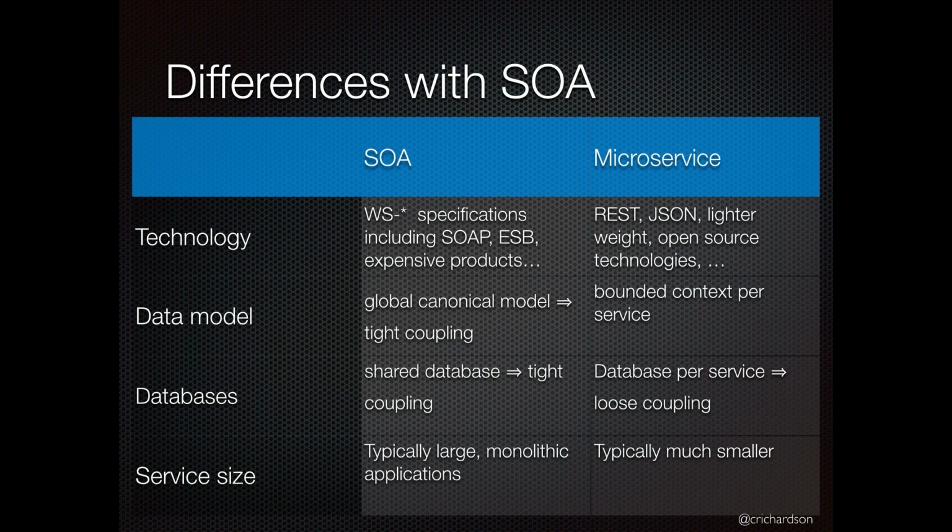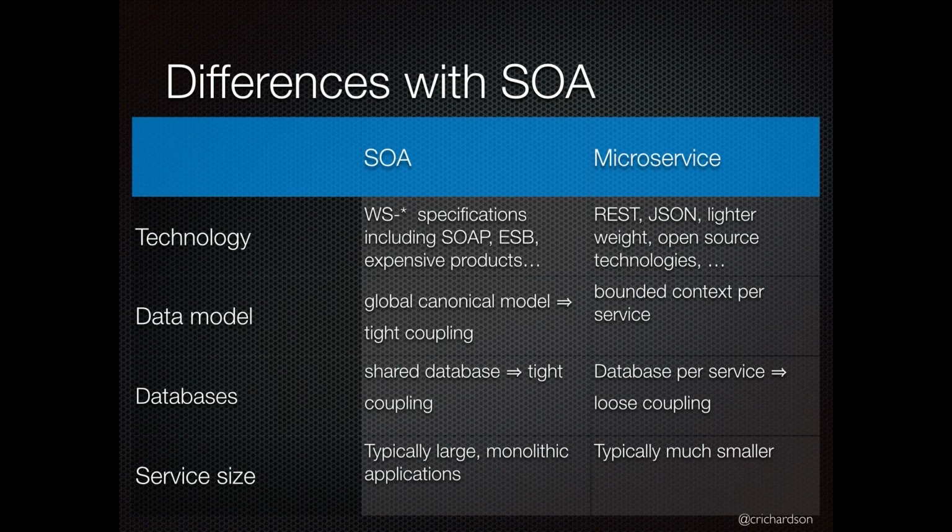Likewise, at the database level, there tends to be sharing between applications. Multiple SOA applications share the same database, which can result in tight coupling. Whereas in a microservice-based application, each service has its own database, which promotes loose coupling.